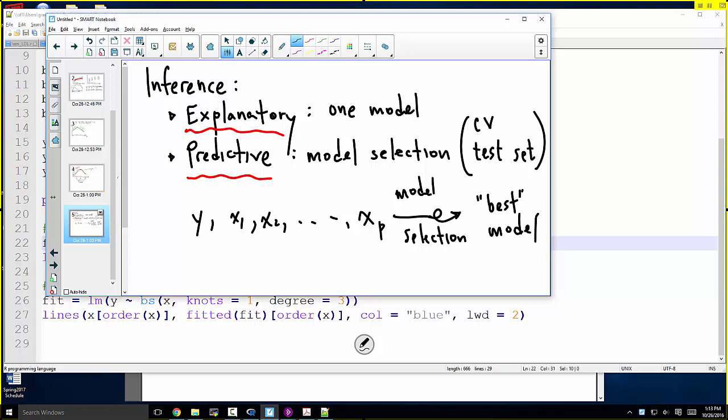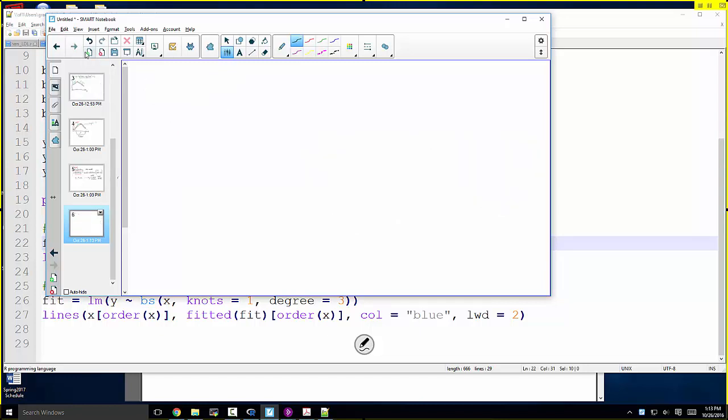Okay, so you asked about how do you choose the degrees, and what I would say, trying to stick with the theme that I was just discussing, is make pictures. So you could make spaghetti plots, for example.